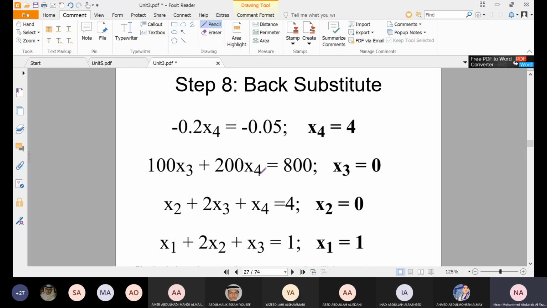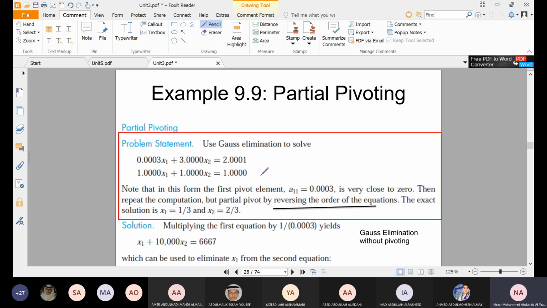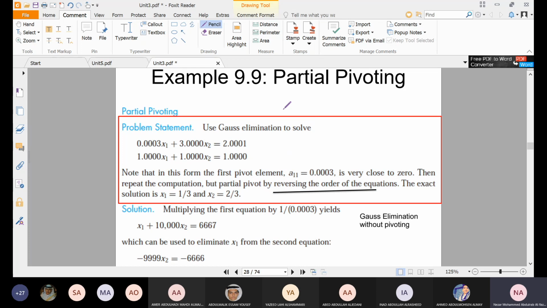Okay, so this method should be better than Naive elimination and Gaussian elimination, because it reduces the pitfalls of Naive elimination. Let's take this example, the benefit of partial pivoting. Here is a comparison between partial pivoting and Gaussian elimination, that means Naive elimination without any pivot.